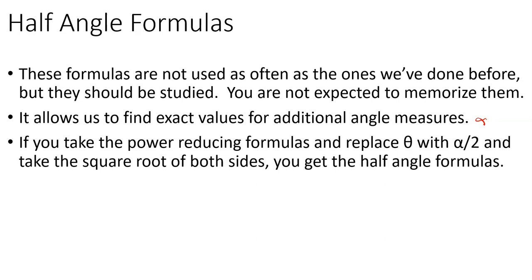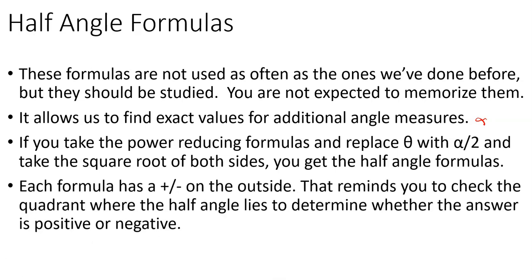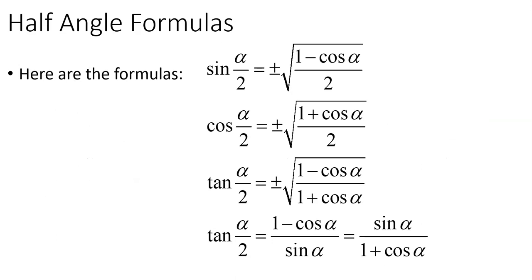Now, each of the formulas has a plus minus on the outside, which is there not to tell you that they're both answers, but to remind you to check the quadrant where the half angle is to figure out if it's positive or negative. So, are you ready for these half angle formulas? And again, we're not memorizing these things. We're just using them.